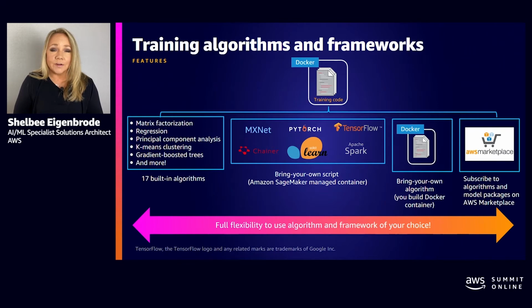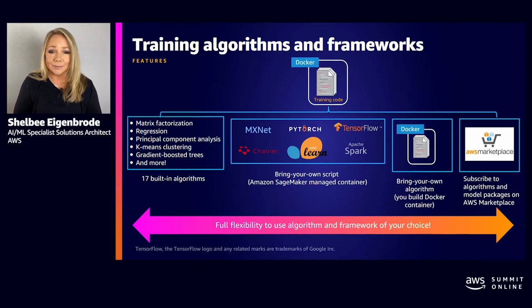If the built-in algorithms or built-in frameworks or libraries don't meet your needs, you also have the full flexibility to bring your own Docker container and whatever algorithm or framework that you choose to train, still using the powerful compute and advanced training features of SageMaker. Finally, you can also use an algorithm that you subscribe to from the AWS Marketplace as well.